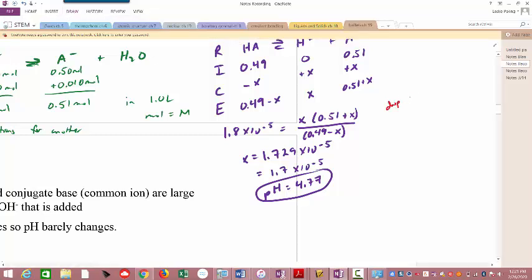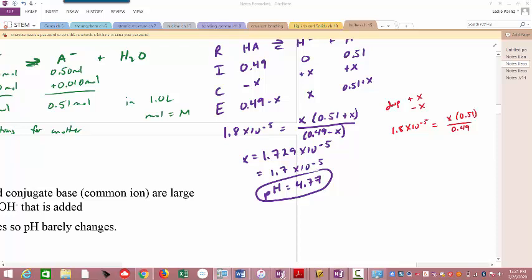Okay, so now let's look at if we did the approximation. If we drop the plus x and the minus x, we get 1.8 times 10 to the minus 5 equals x times 0.51 divided by 0.49.